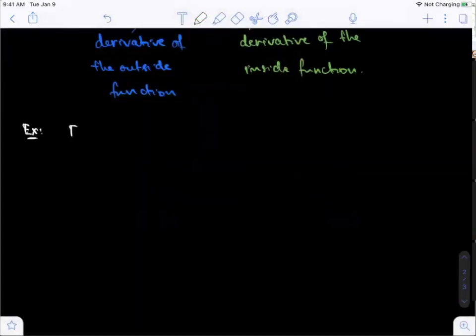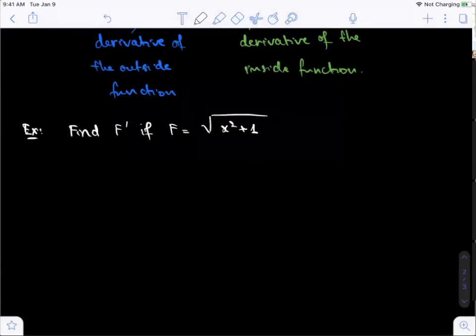Okay, so let's take a look at some example. Find F prime if F of x is equal to the square root of x squared plus 1. So this is a composite function because you have x squared plus 1 inside the square root function.